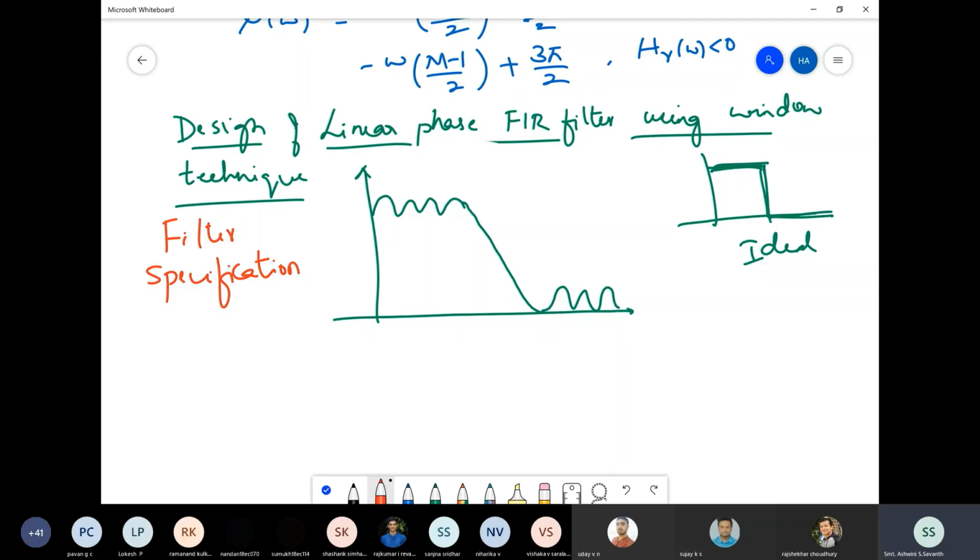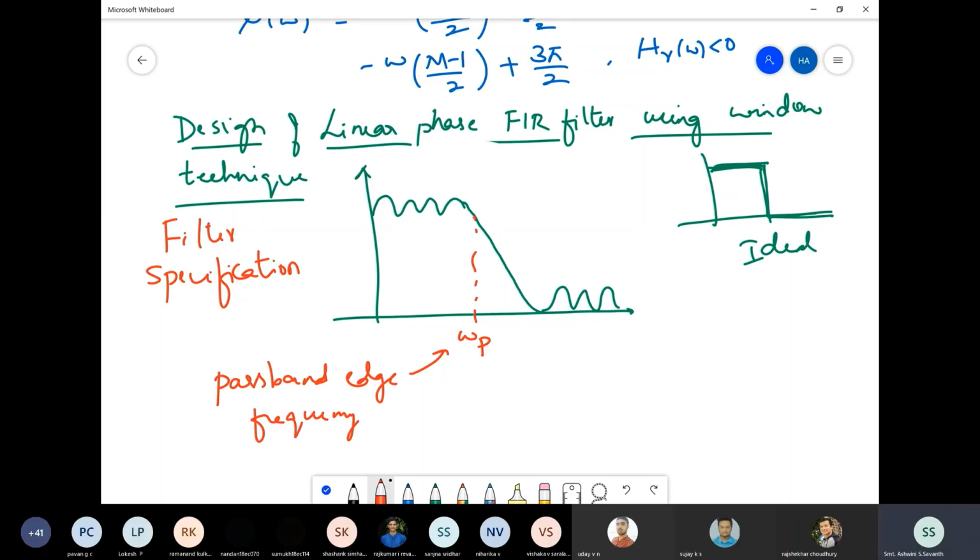Now, if this is your frequency response, then this is the end of your pass band. The frequency where the pass band ends is represented as omega p, called the pass band edge frequency, where the pass band is going to end.